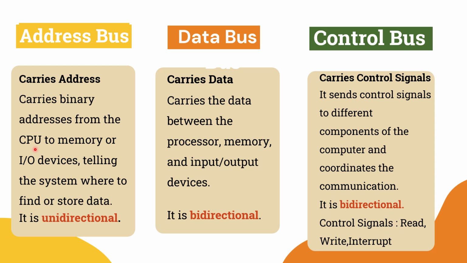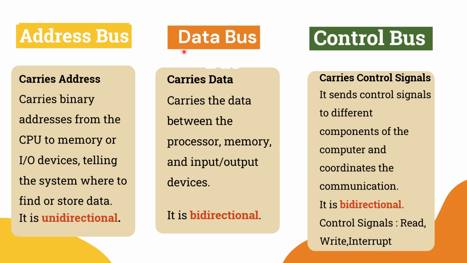The CPU can either read data from the memory unit or the I/O device, or if it wants to write or store the data into the memory unit or send it to the output unit or the user, then it sends the address of the particular memory location or the I/O device on the address bus. So the main function of the address bus is to carry the address of the memory unit or the I/O devices, and it is unidirectional.